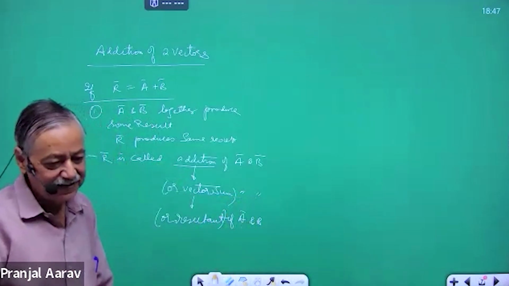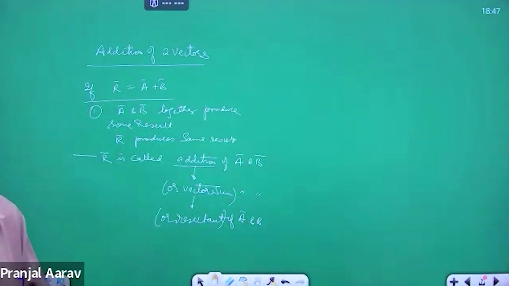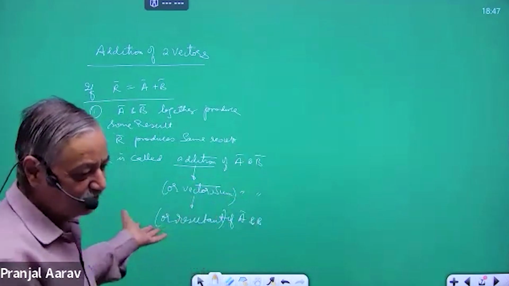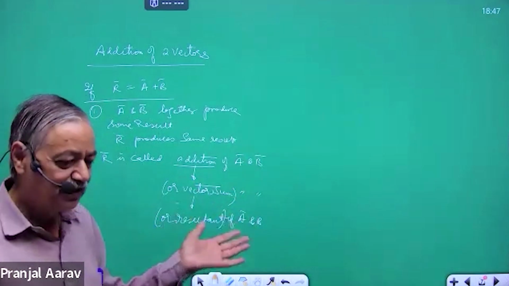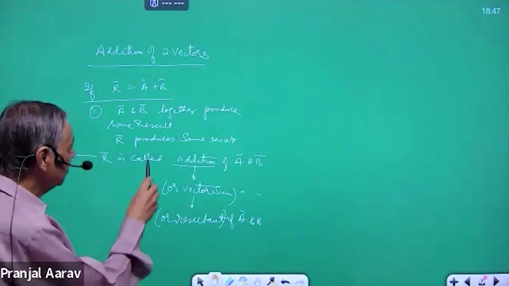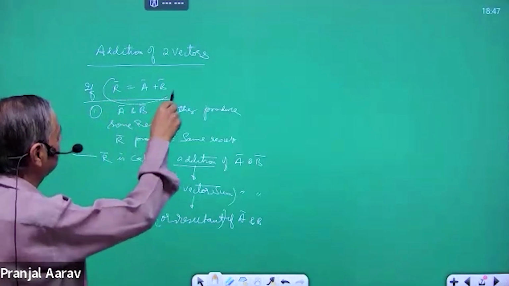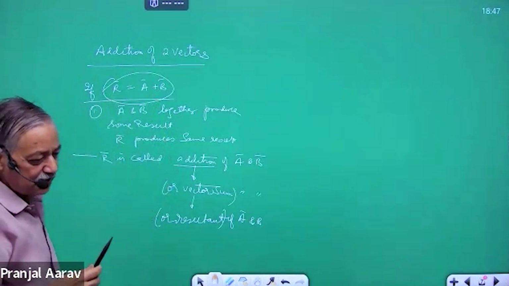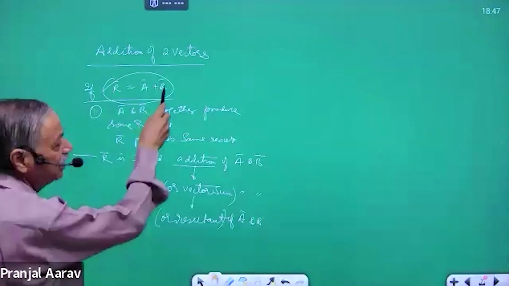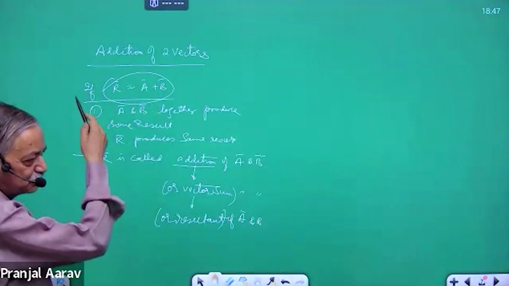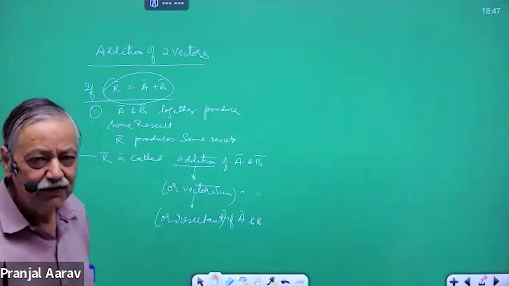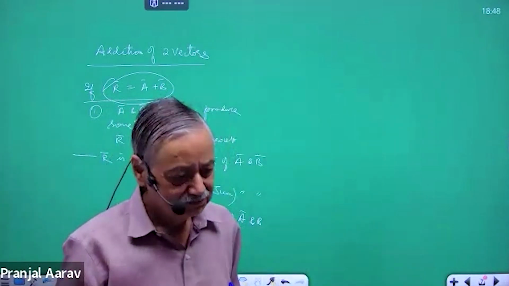It is like saying the same thing in two languages. Ram is son of Shyam, and Shyam is father of Ram. And Ram and Shyam, they are father and son duo. Whenever you write like this, it says R is resultant of A and B. R will do the same thing which A and B together will do.